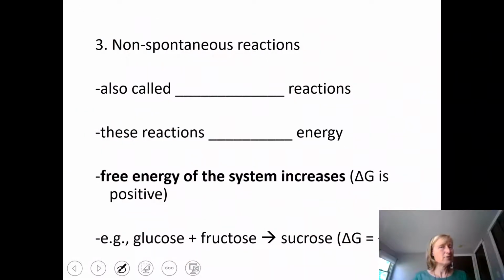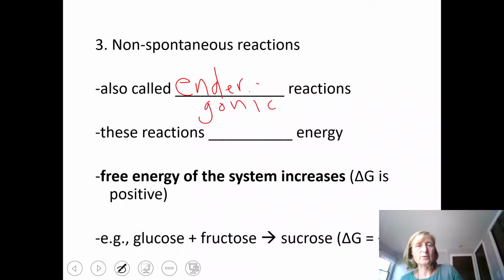Non-spontaneous reactions are essentially the reverse. These reactions are called endergonic reactions. E-N-D-E-R-gonic. Endergonic reactions in biology. And these reactions are going to require or absorb energy.